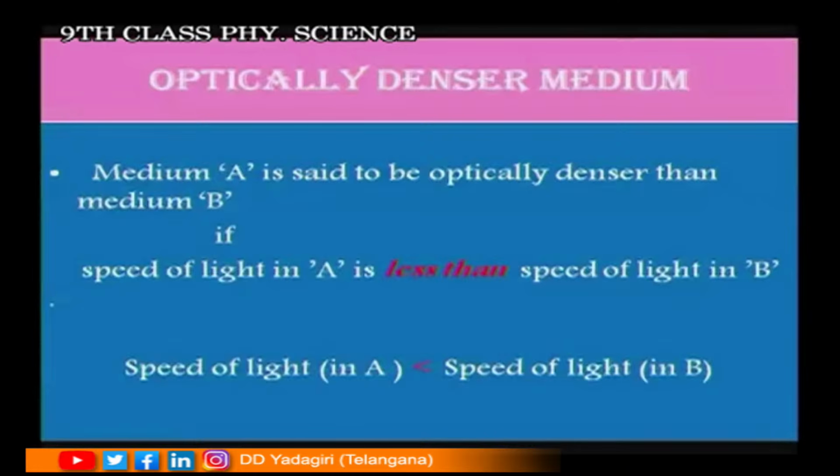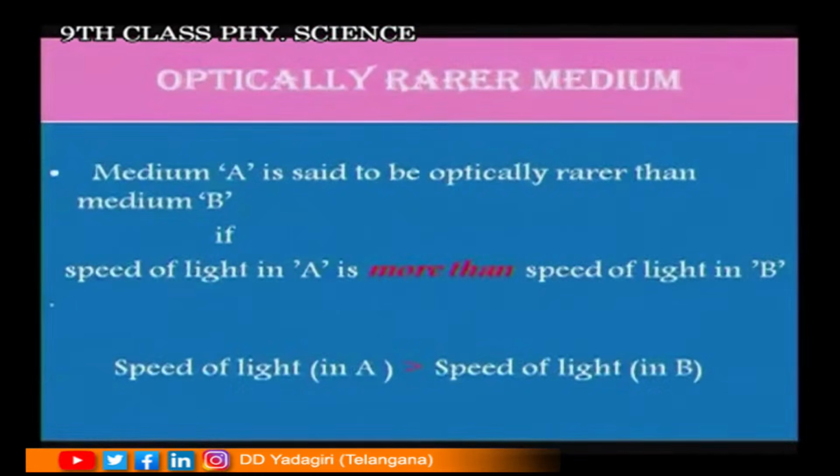A medium A is said to be optically denser than medium B if the speed of light in A is less than the speed of light in B. Similarly, let us understand what is an optically rarer medium.